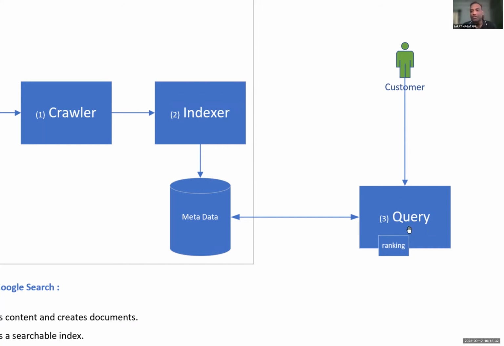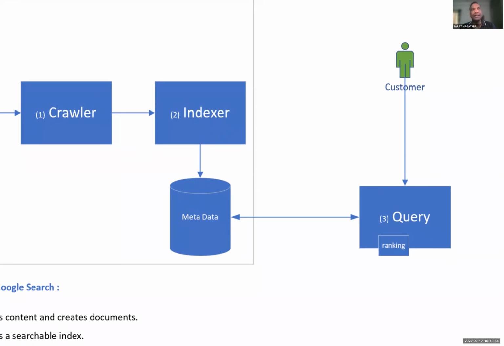Of course, on top of that, there are certain sophisticated algorithms called ranking, right? There are a lot of web pages in the world. Which web page do I need to show at the top? That's something called ranking. The ranking works on various aspects, such as the freshness of the web page.